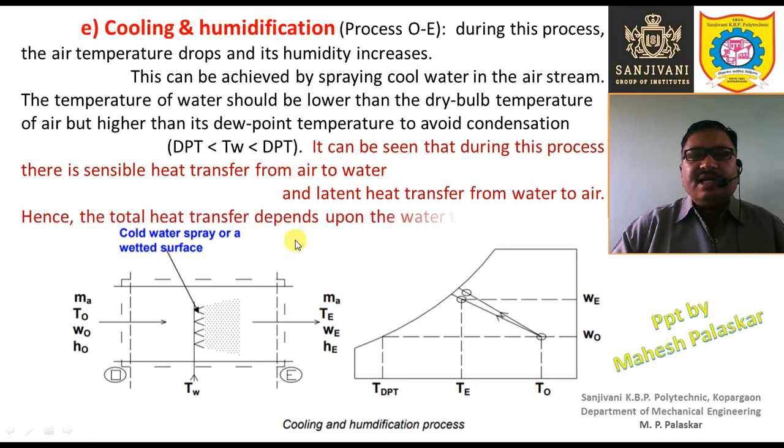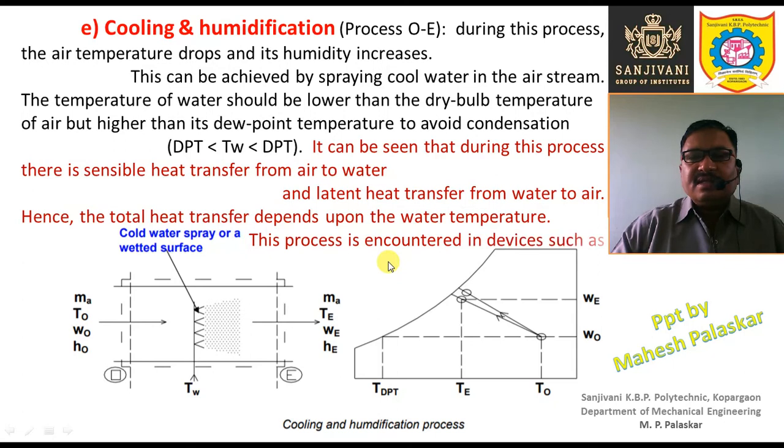Hence the total heat transfer depends upon the water temperature. Exact water temperature will decide the total heat transfer. This process is encountered in devices such as evaporative coolers, cooling towers. So this process is very common.